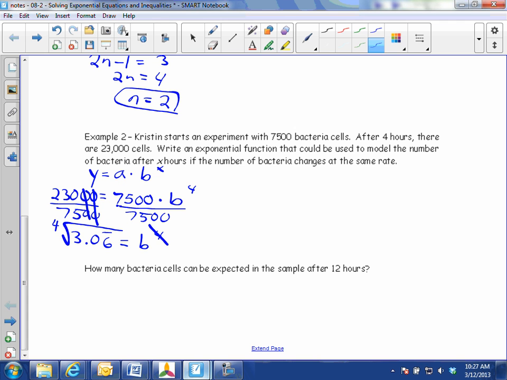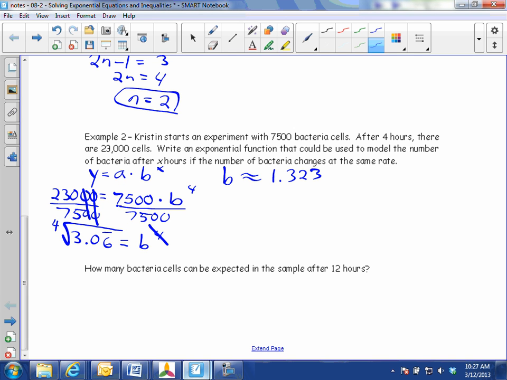All right, so we end up with b is about what? 1.32. Okay, let's go to 3 decimal places. 1.3. All right, so that's what we're going to use.